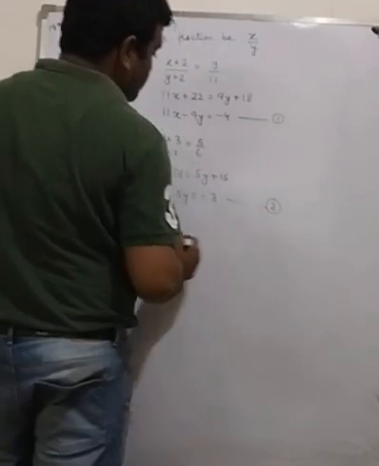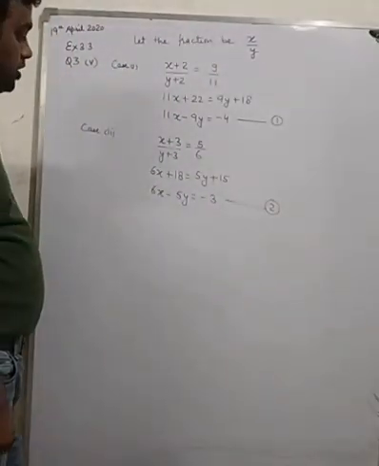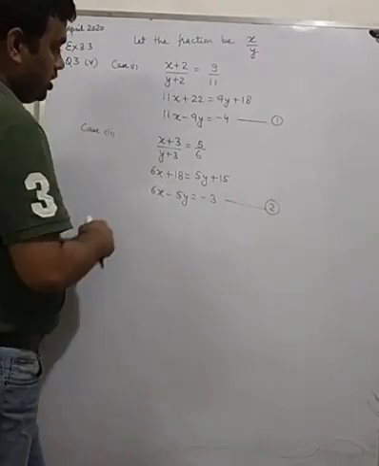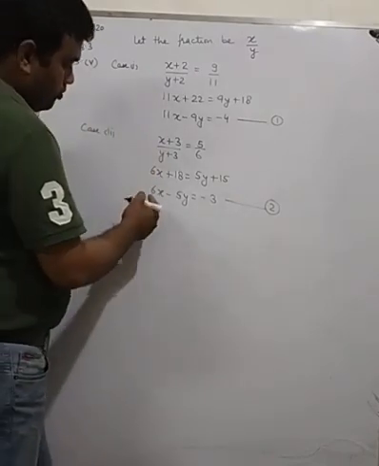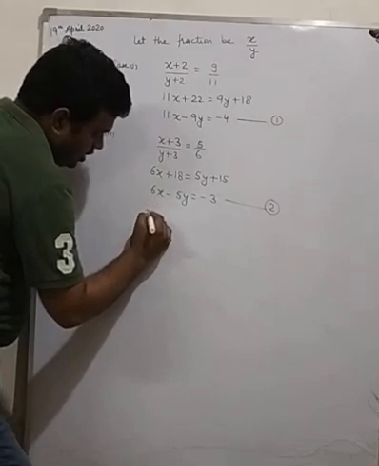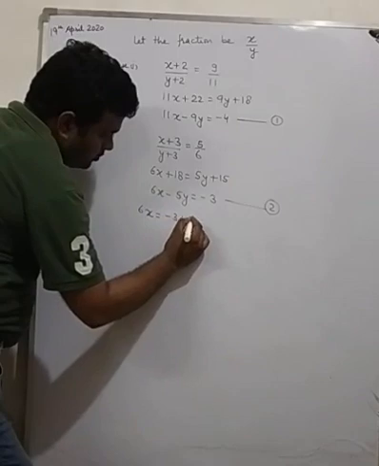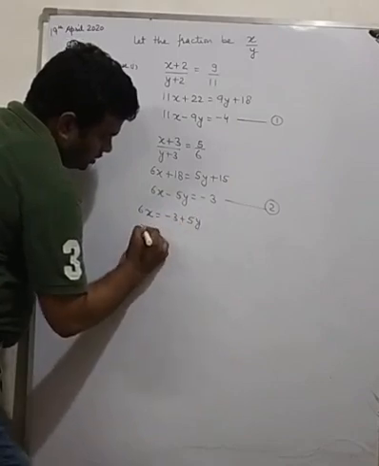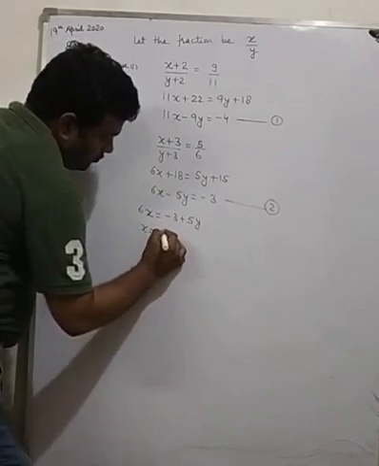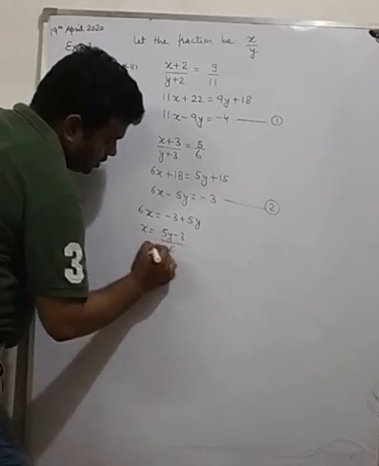Again we need to solve this using the substitution method. So I am going to put the value of x from here in equation 2. 6x is equal to 5y minus 3, x is equal to 5y minus 3 upon 6.